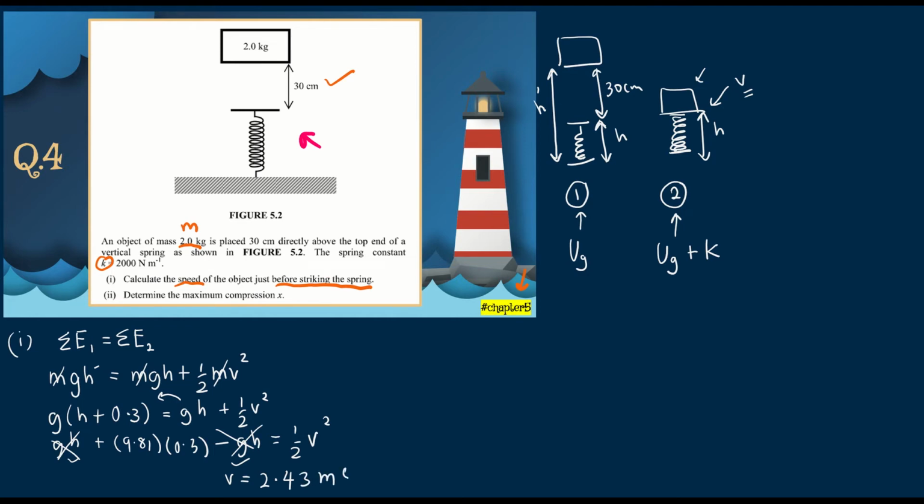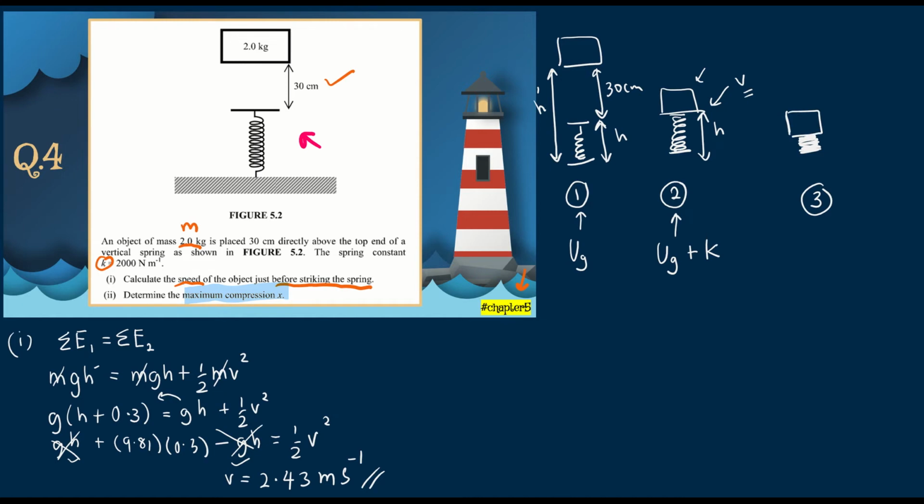Using your calculator, you will have your velocity as 2.43 meter per second. The second question asks us to determine the maximum compression S, meaning that we have a third condition. The third condition is when your spring is now being compressed and the height of the box is lower.